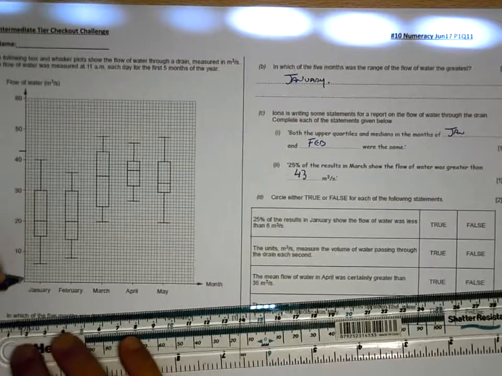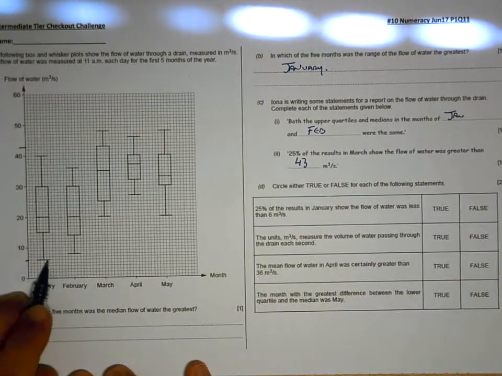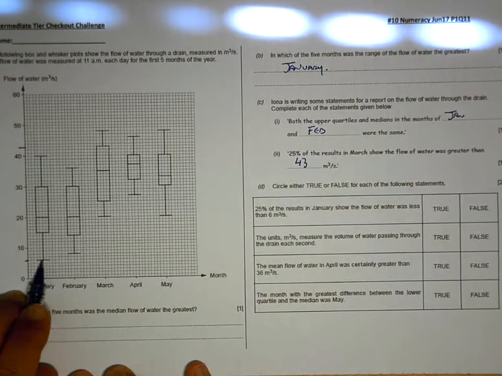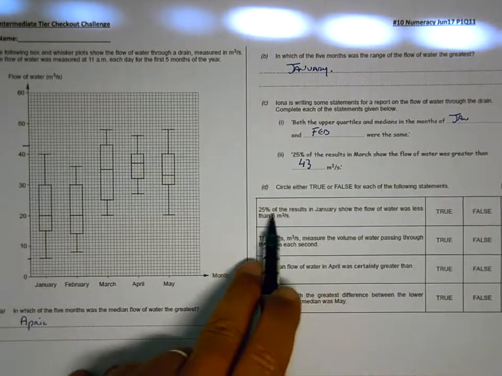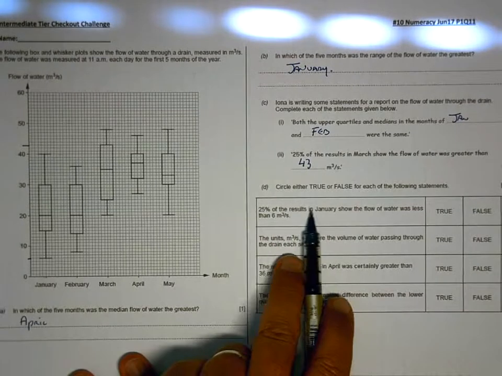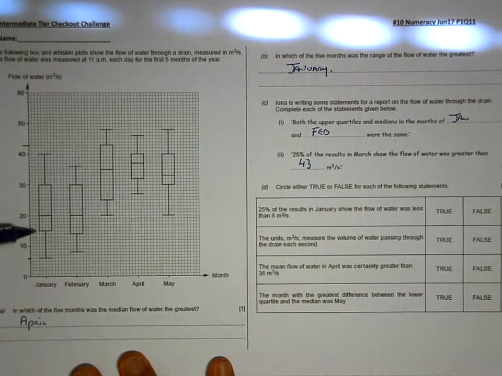So 6 cubic meters, 1, 2, 3, 4, 5, 6 is there. So in fact, that's the minimum value, is 6. Less than 6, there wasn't any recorded. So that is false, because in fact 25% of the results in January, flow of the water was less than the lower quartile, so it would have been 15.